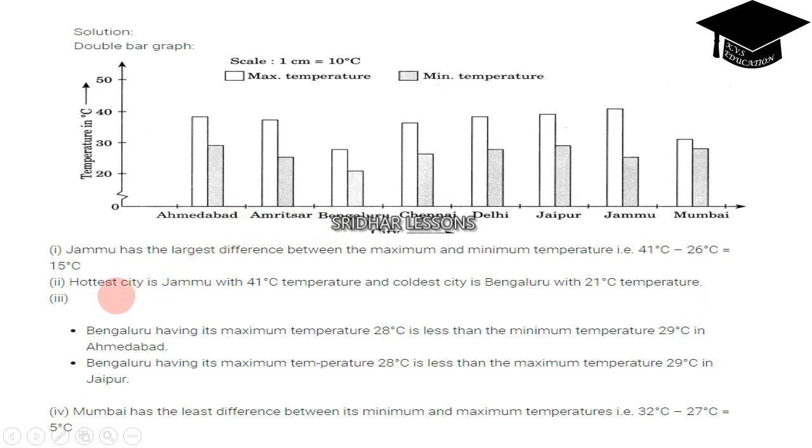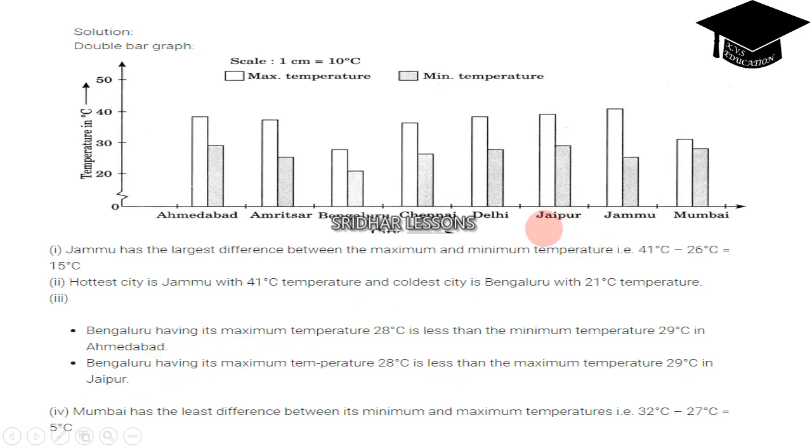Okay, for question number 3, Bangalore has its maximum temperature as 28 degrees centigrade, which is less than the minimum temperature 29 degrees centigrade in Ahmedabad. Okay, and Bangalore's maximum temperature of 28 degrees centigrade is also less than the minimum temperature of 29 degrees for Jaipur.